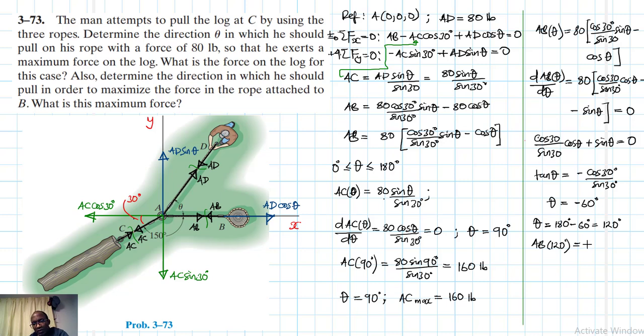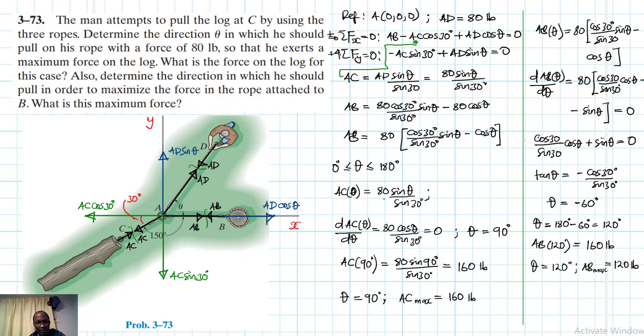So this gives us 160. Therefore, at theta equal to 120 degrees, we have AB max, not AC max, equal to 120 pounds.